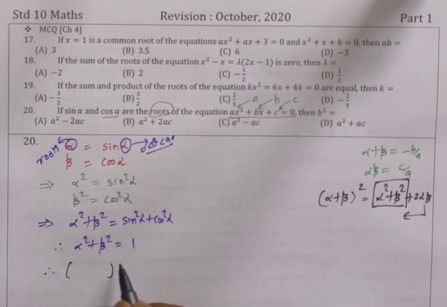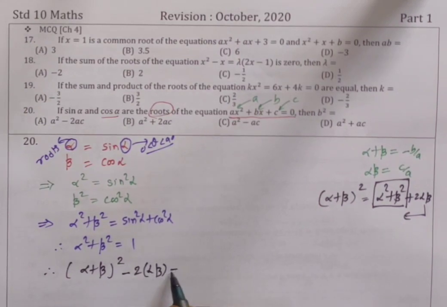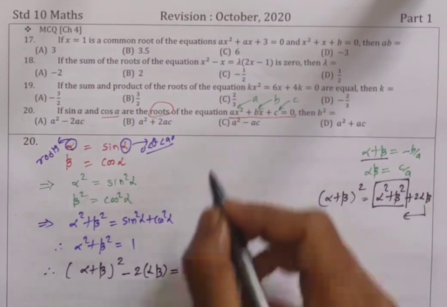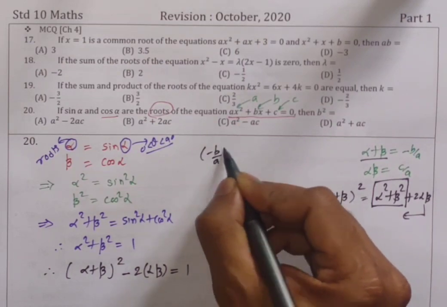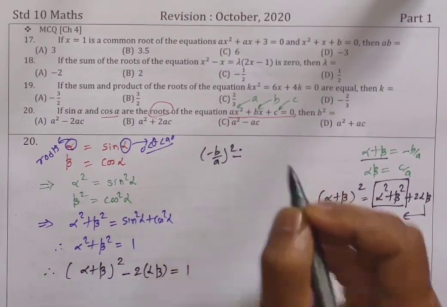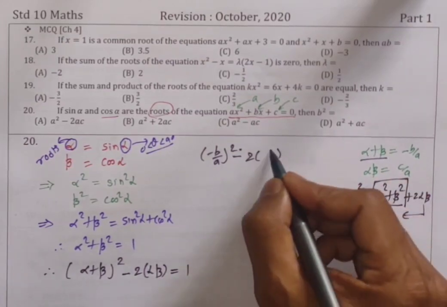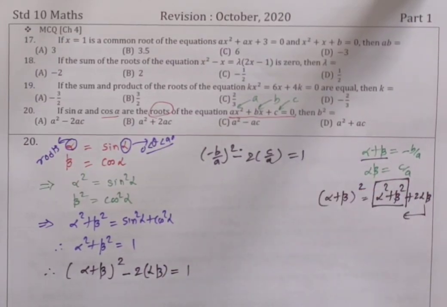Therefore, this is alpha plus beta whole square, and bringing this term to the other side, minus 2 alpha into beta, alpha into beta I write in brackets, that is equal to 1. Oh children, now what is alpha plus beta? Minus b upon a. So this will be bracket minus b upon a square minus 2 into alpha beta. What is alpha beta? c upon a. That is equal to 1.